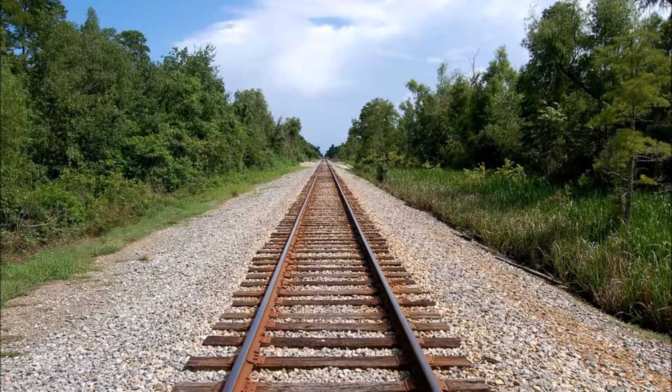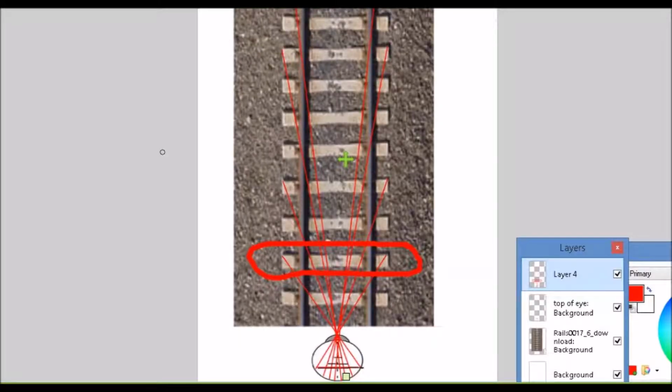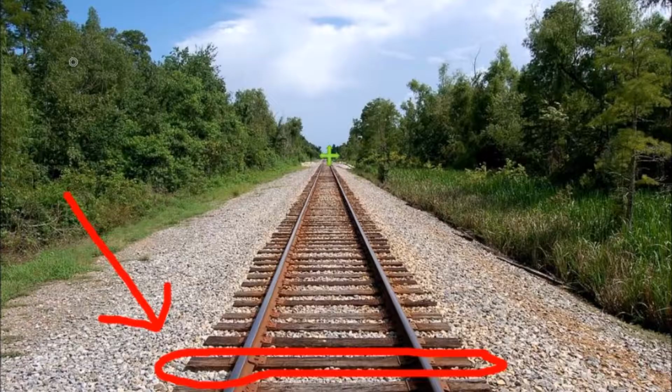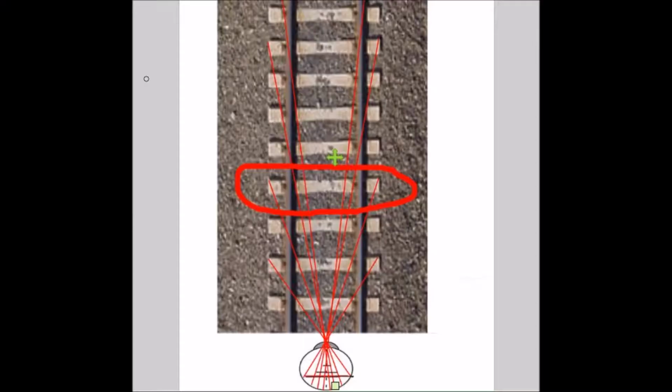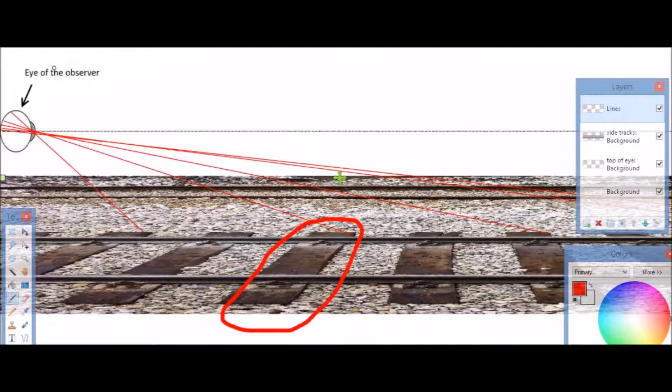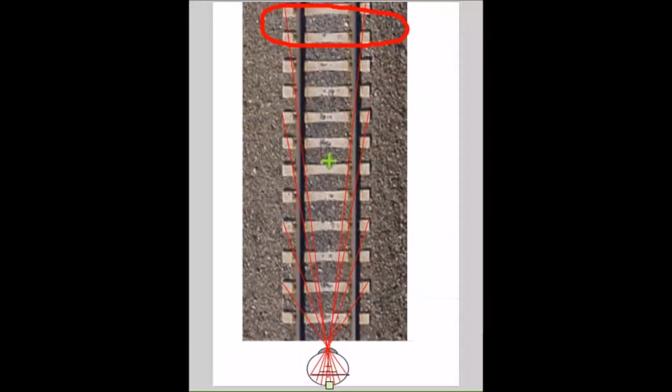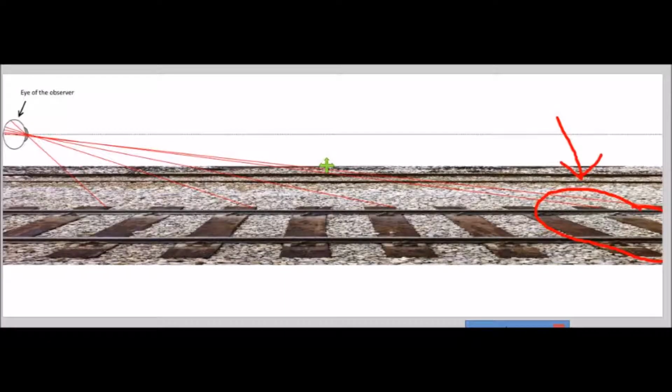So let's look at each truss as it appears in each view. This truss in the foreground is the same as this truss and is finally displayed like this in your vision. This is what you see. This truss in the middle is the same as this truss, and it is finally displayed like this in your vision. And the further truss is the same as this truss, and it is finally displayed like this.